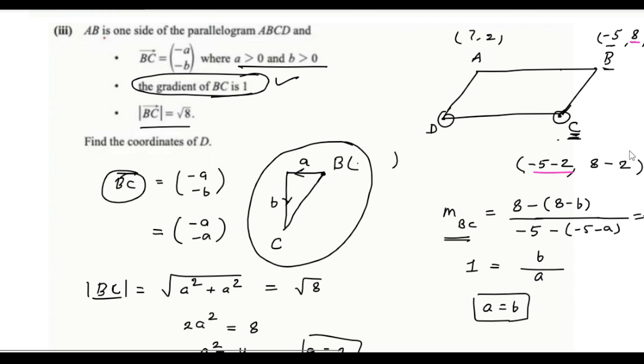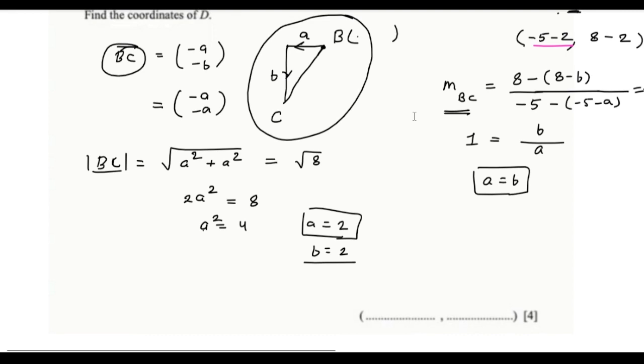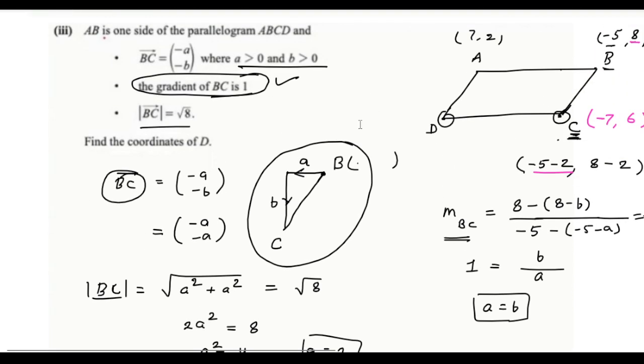I replace A and B with the value. So I can say that the coordinate C is minus 7 and this is 6. This question is for 4 marks. This whole thing is only for 4 marks.